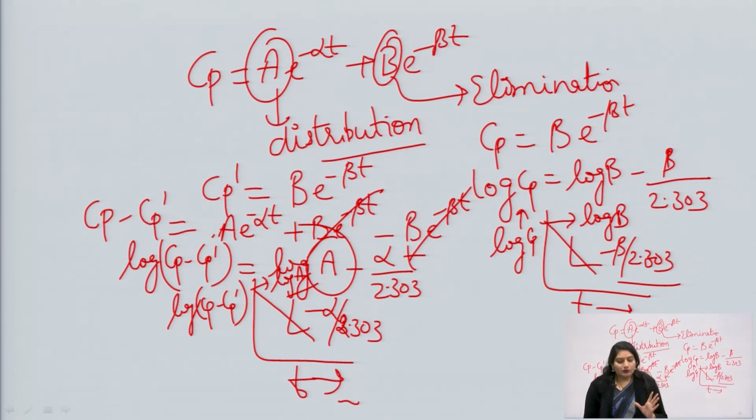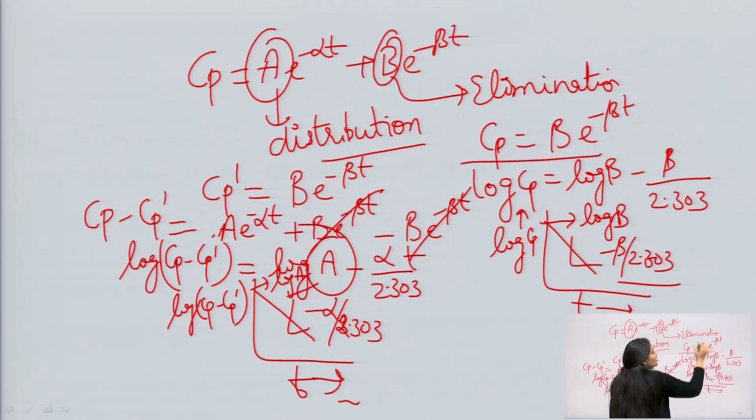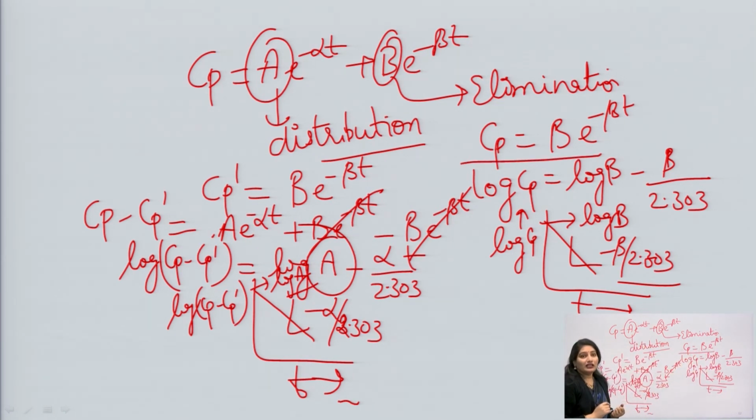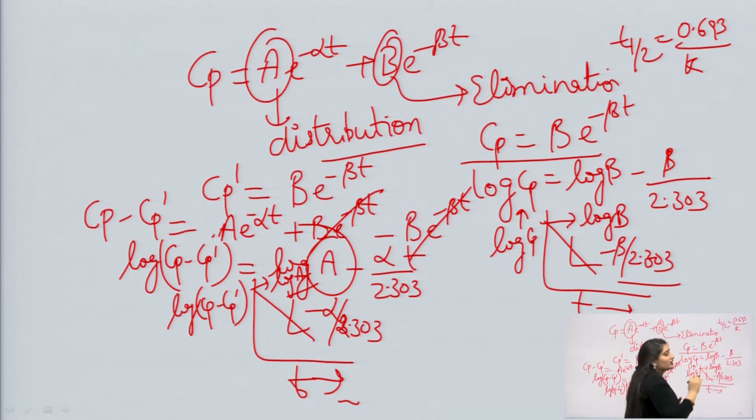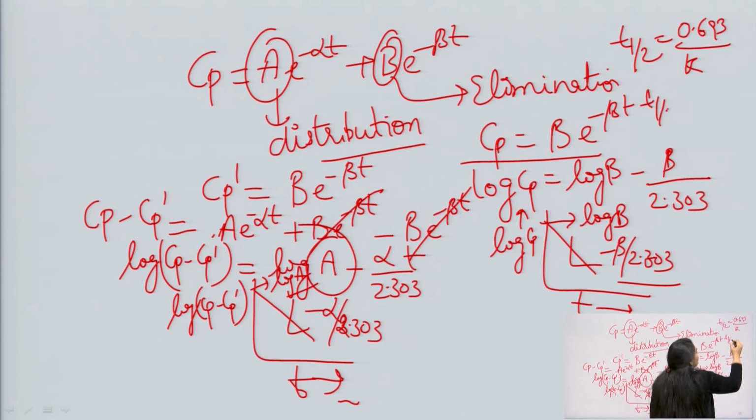Using this we can also calculate the biological half life. As we all know, T half is equal to 0.693 upon the rate constant, that is K. So, to calculate the biological half life here, the formula will be T half is equal to 0.693 upon beta.